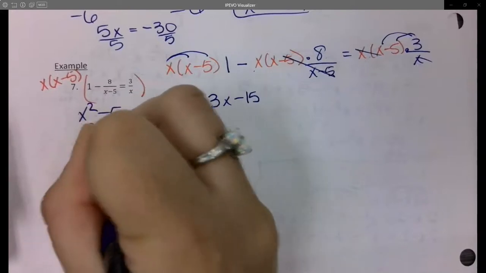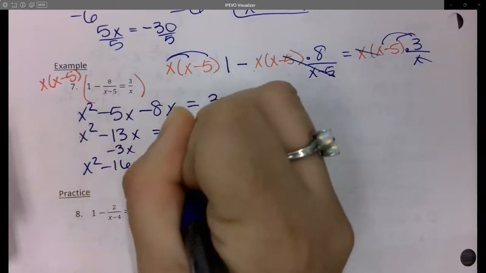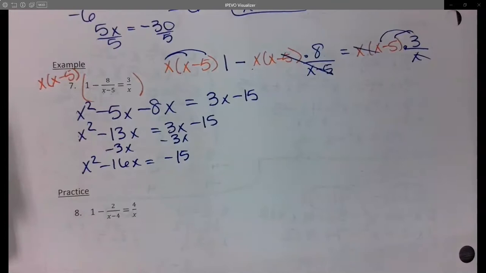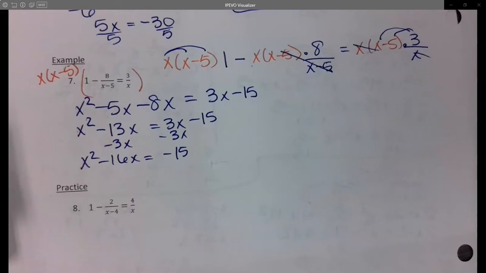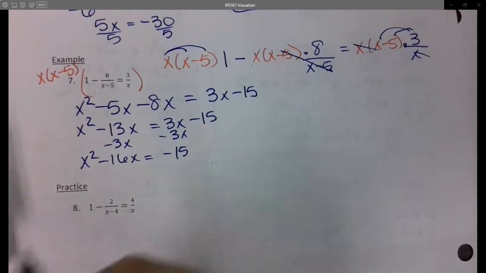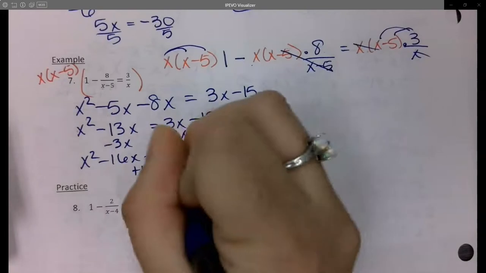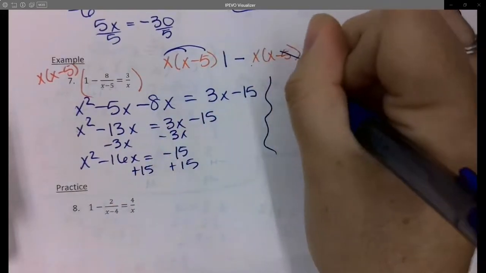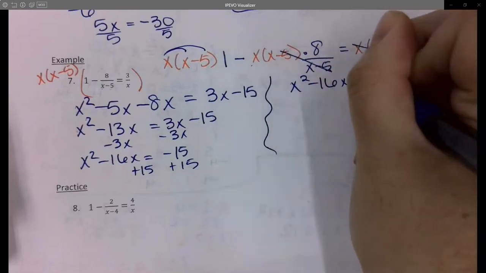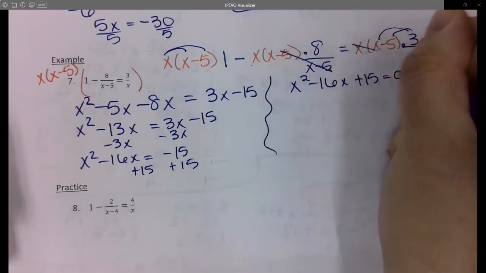So I have x squared minus 16x equals negative 15. Then I want to do what? Add the 15 to both sides. So this gets me x squared minus 16x plus 15 equals 0.